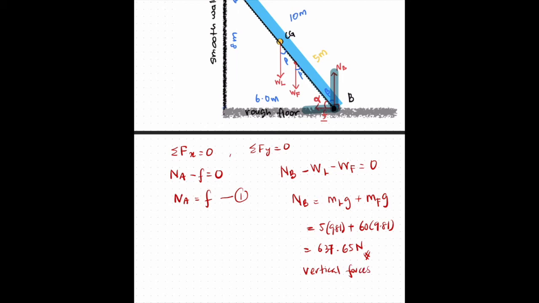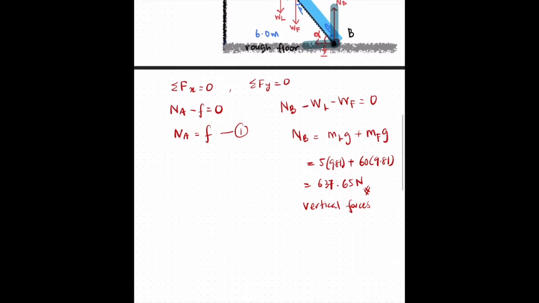To solve the other problem, which is friction, we need to use our second condition, which is torque. Total anti-clockwise torque is equal to total clockwise torque. First, we need to find the pivot point. Pivot at any point.